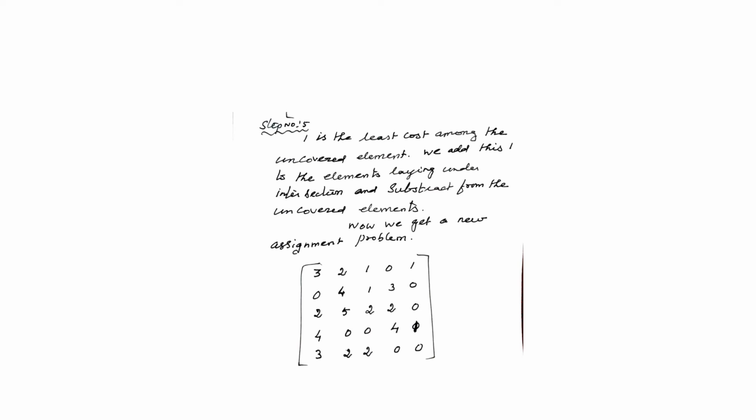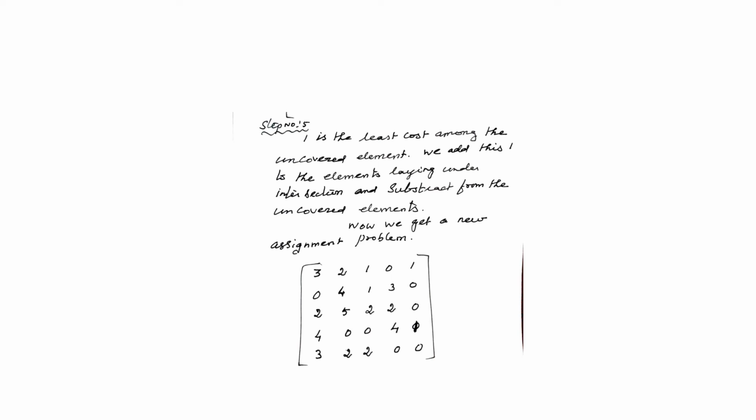Once again I repeat step number 5. After drawing the straight lines, we select the least cost from the uncovered elements, subtract it from the uncovered elements and add it to those elements lying under intersection.